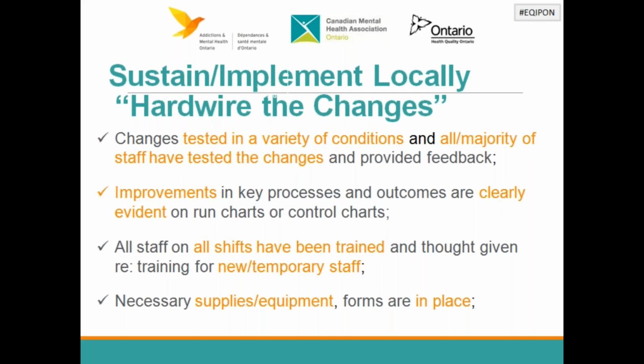And the majority of staff have been part of that tested change and had opportunities to provide feedback. Improvements in key processes and outcomes are clearly evident on run charts or control charts. So we really want to make sure that if we're going to sustain something, we do have that data to back it up and that it's clear. We've seen significant movement in our data.